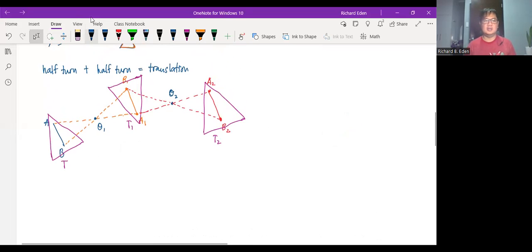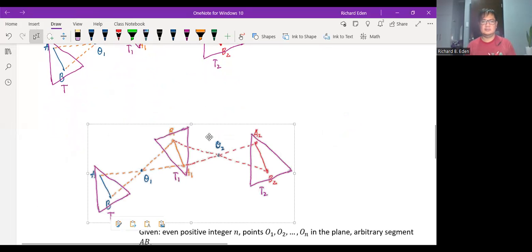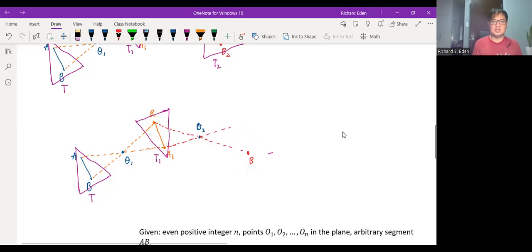Just copy, let me take the same details here. So for example, here they are. Okay. Let me erase the images.